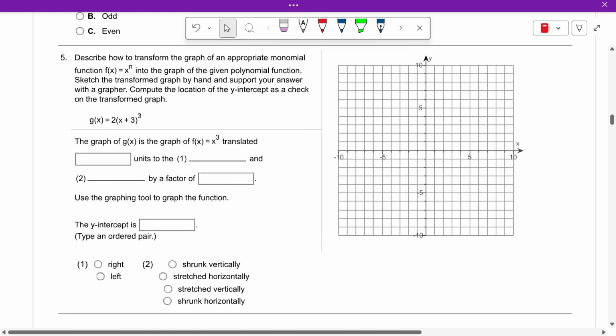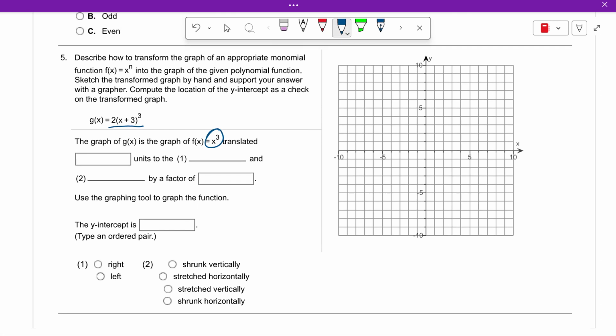Okay, a graph transformation. Compared to x cubed, we have this graph. Okay. The plus 3 means it goes 3 units to the left, and the 2 is the multiplier, so it is stretched vertically by a factor of 2.